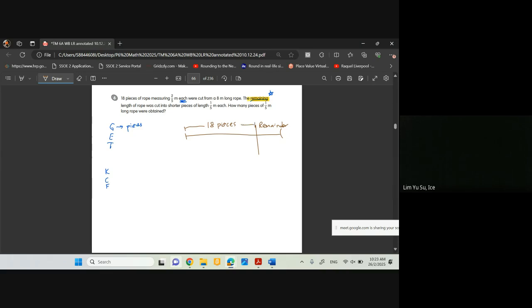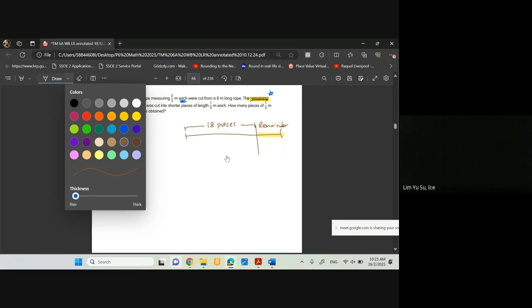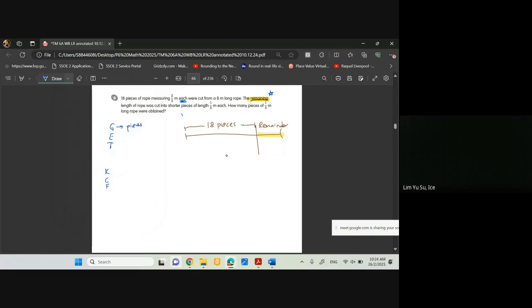There were 18 pieces, then got a remainder. Now, the whole rope is 8 meters. I remember my units. Meters.